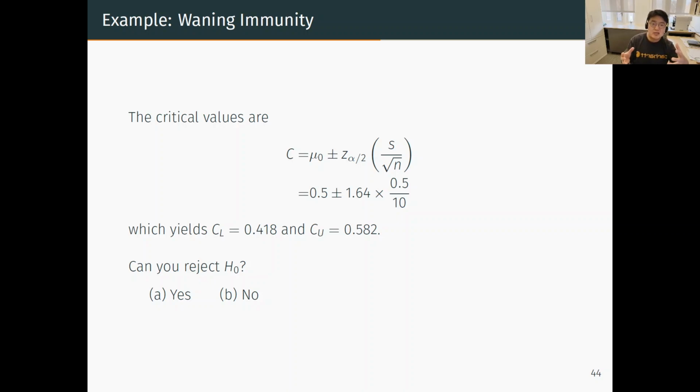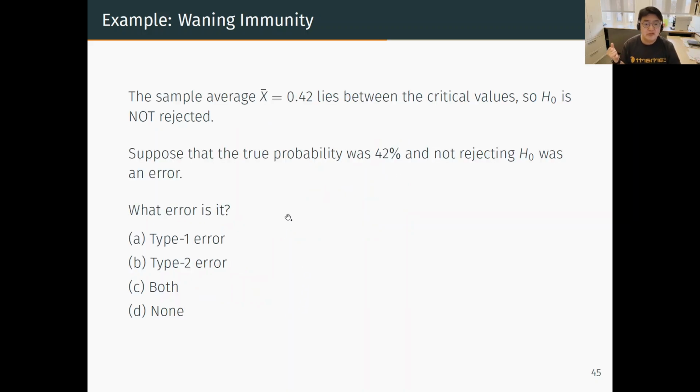Based on our data, we made our decision, but it can be an error. So we will think about that now. If it was an error, what kind of error is it? Can it be type 1 or type 2, or can it be both or none? What kind of error is that?